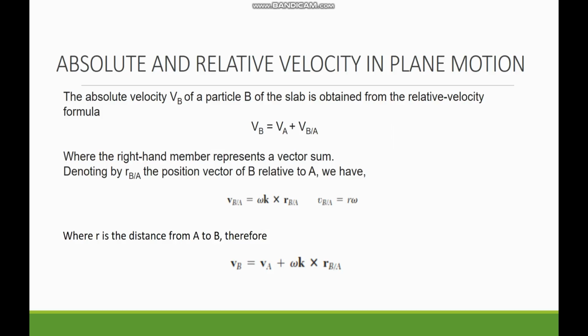So, we also have the absolute and relative velocity in plane motion.